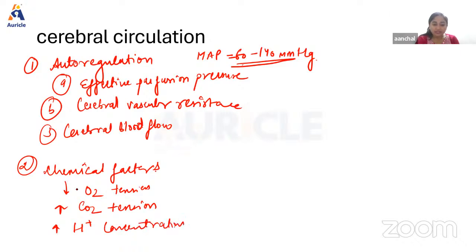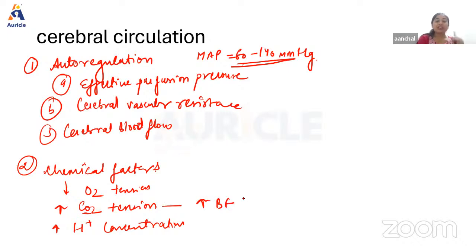Now, as we know, CO2, carbon dioxide, is the most important factor as it is responsible for causing the dilation of cerebral blood vessels, which leads to increase in blood flow.